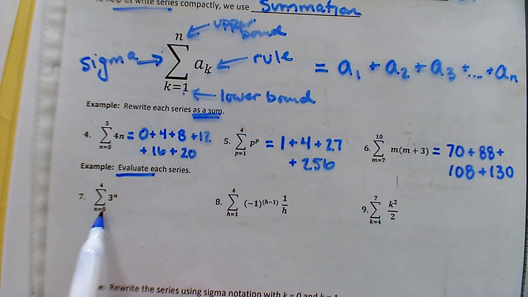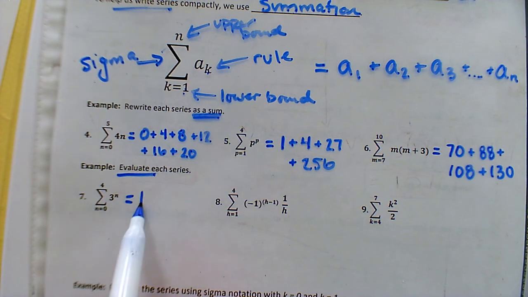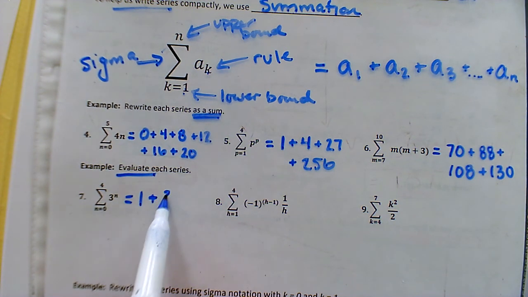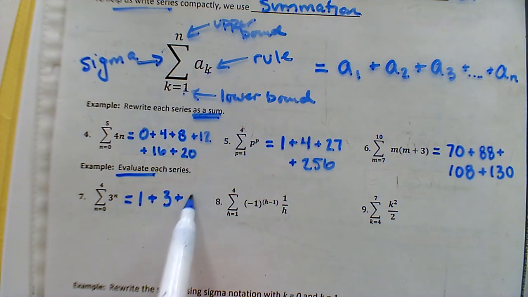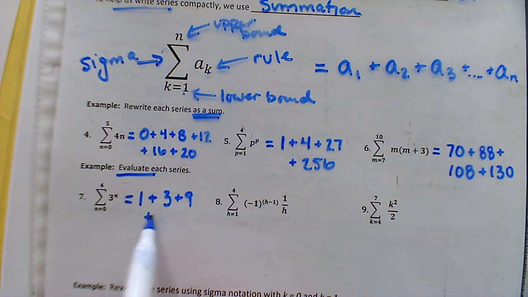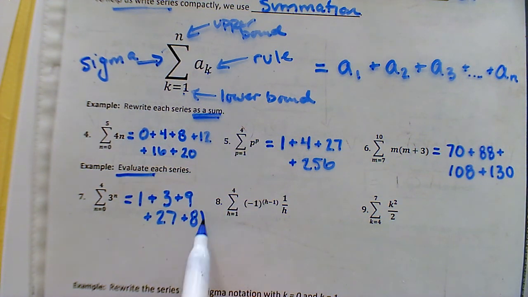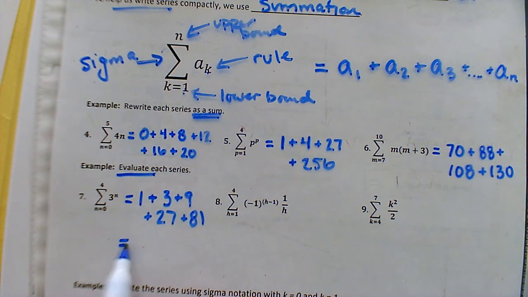So let's try our first one. We're going to start with 0, end with 4. 3 to the 0 would be 1. 3 to the first is 3. 3 squared is 9. 3 cubed, 27. 3 to the fourth, 81. Okay, so that's where we stopped on the other examples, but since it said evaluate, we're actually going to add all those up to see what we get.